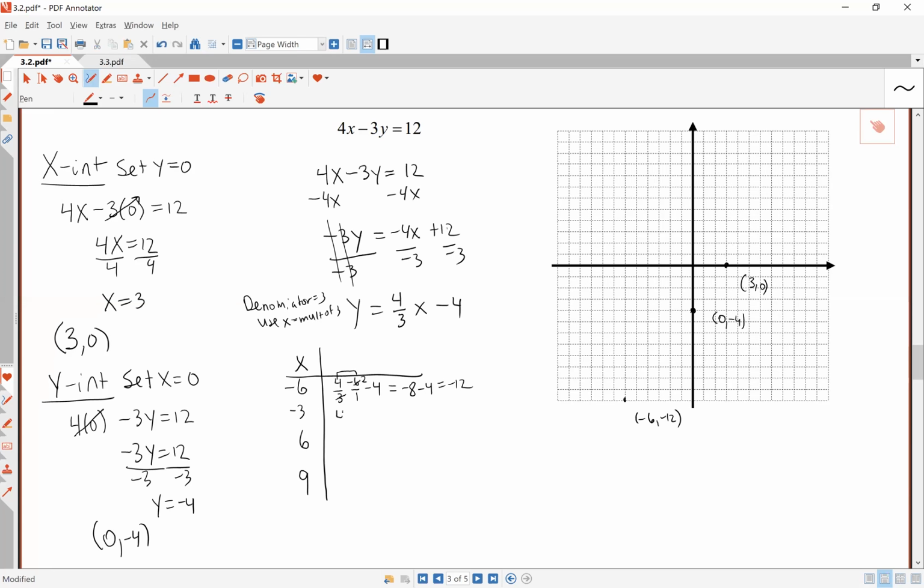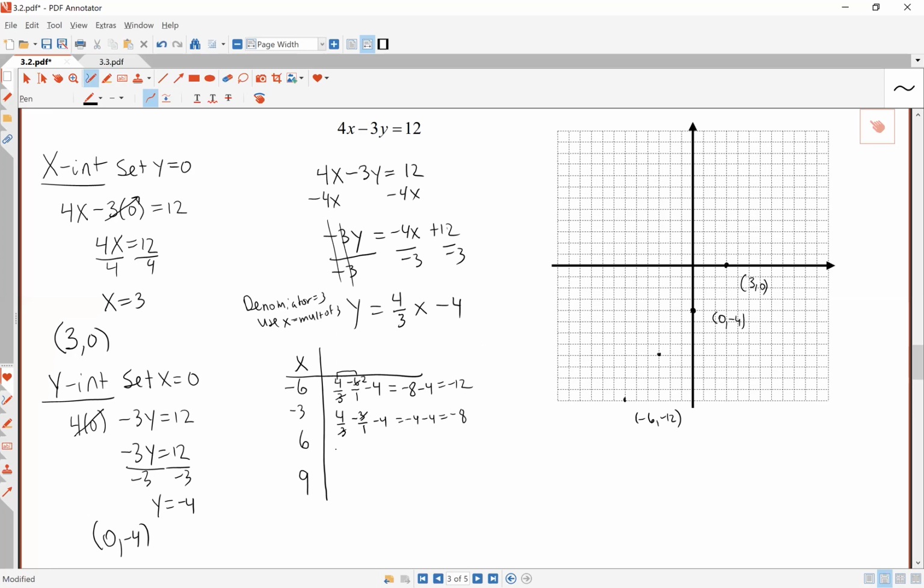Plugging in -3, we have 4/3 times -3 over 1 minus 4. The 3's cancel, leaves us with -1 times 4 is -4, minus 4 is -8. So (-3, -8).